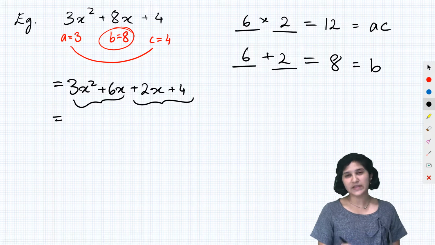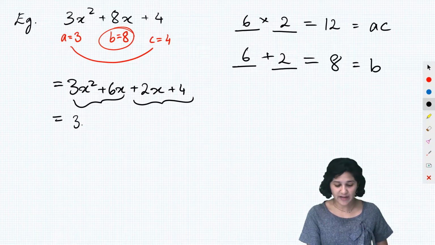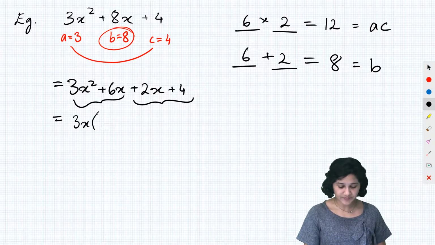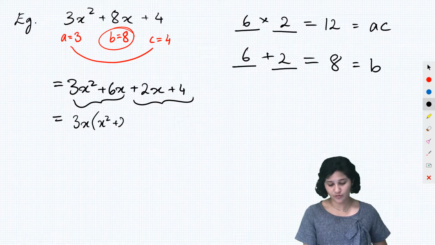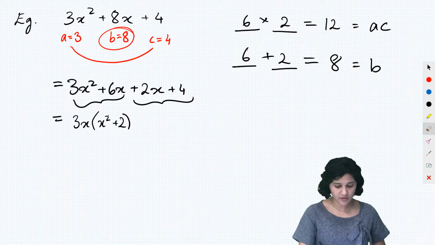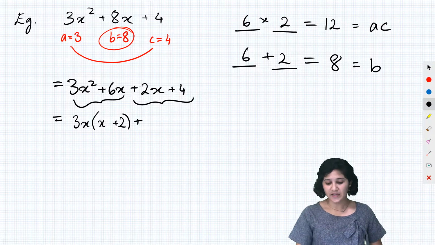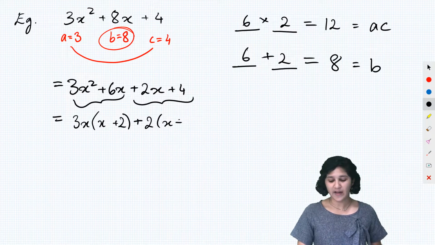So I look at these two and say, what's the common factor? Well, for these two, it's 3x, and it has to be the largest common factor. So 3x, in here I've got x plus 2 remaining, not x squared plus 2, x plus 2. And in these two, I have a common factor of 2, and I also have x plus 2.